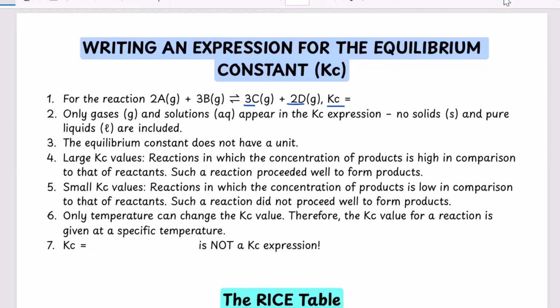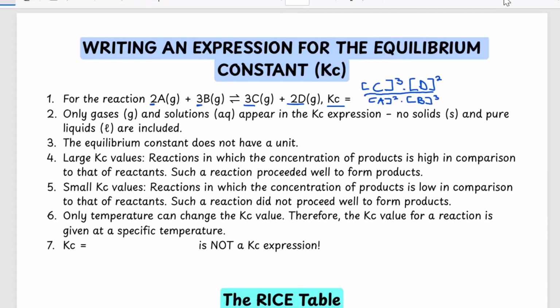So in this case, my products are C and D. So I'm going to say concentration of C, with the exponent of 3, multiplied by the concentration of D to the power of 2, all over the concentration of my reactants, which is A. So concentration of A, with exponent 2, multiplied by the concentration of B, exponent 3. These are the exponents, from the ratios there.